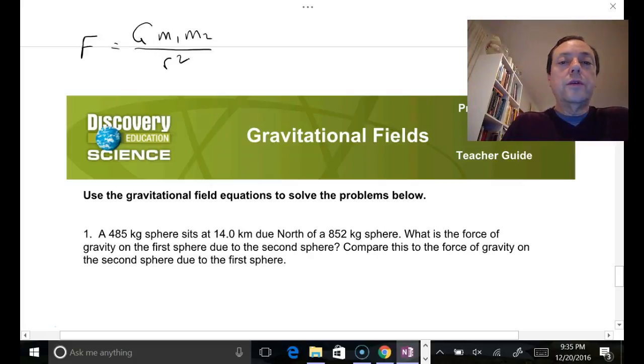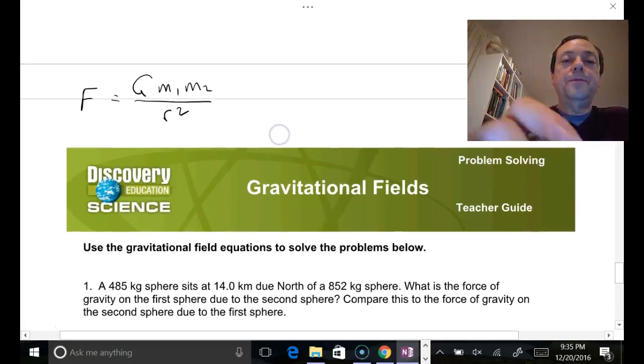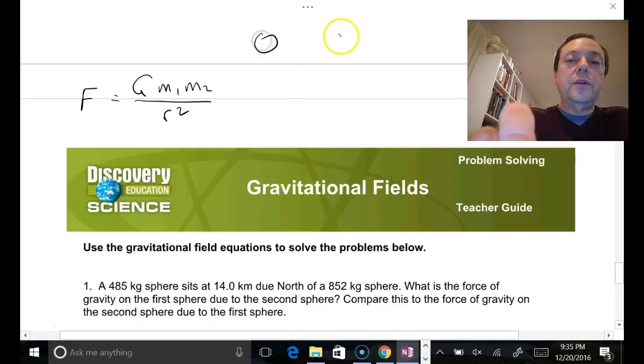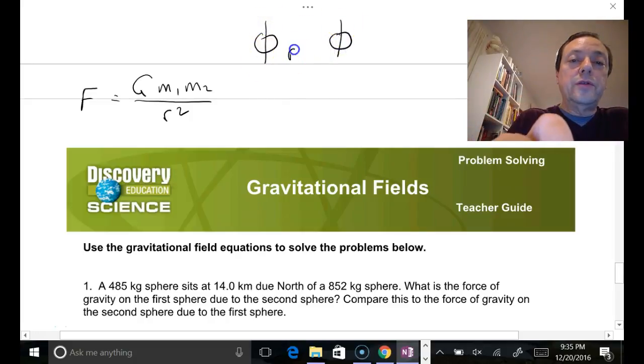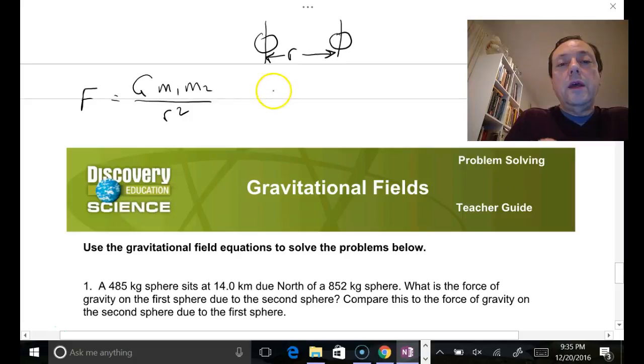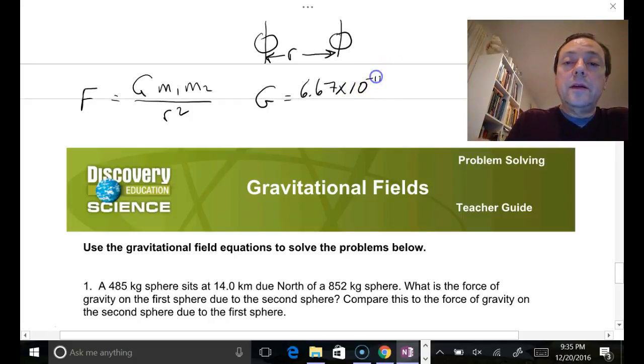And of course the r they're referring to is, if I have two masses, the distance between their centers, r. Capital G is equal to 6.67 times 10 to the minus 11th Newton meters squared per kilogram squared.